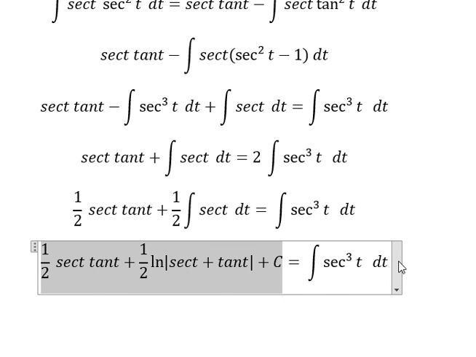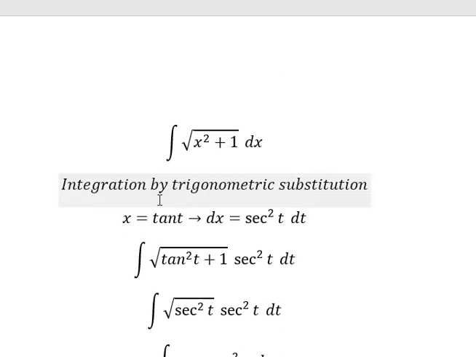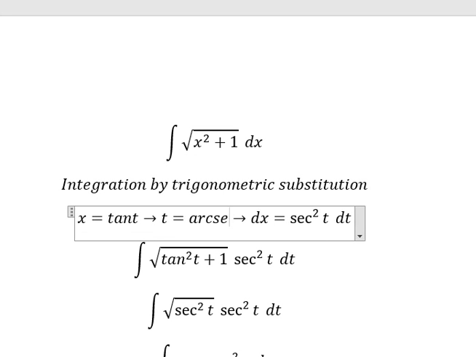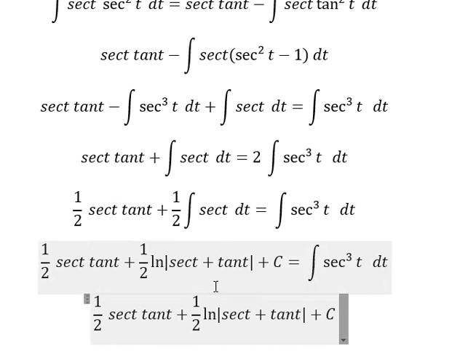Now, about t, that is this one. So we have t equal to arctan of s. So we put this one to replace t.